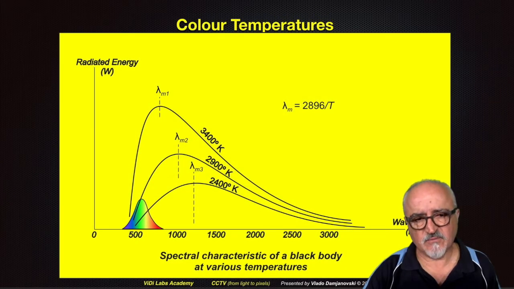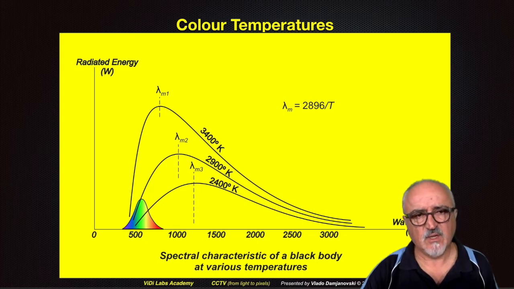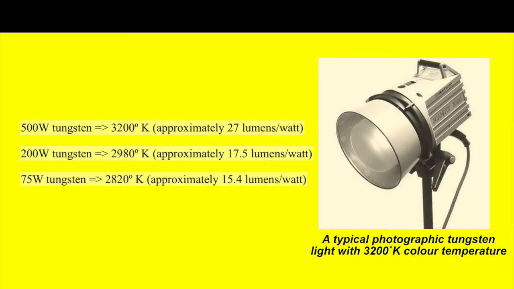So in the past, for accurate camera testing, a specific light source of specific color temperature was defined, so that we know that at different temperatures we've got different amounts of lumens produced per watt of energy. For example, in the past, photographers or even cinematographers could use the relationship where a 500 watt tungsten light heated up to 3200 Kelvin degrees produces approximately 27 lumens per watt.